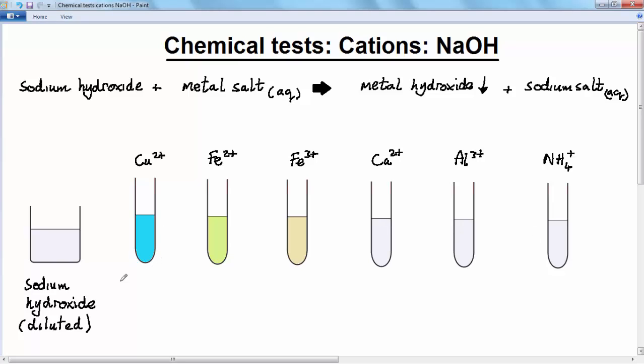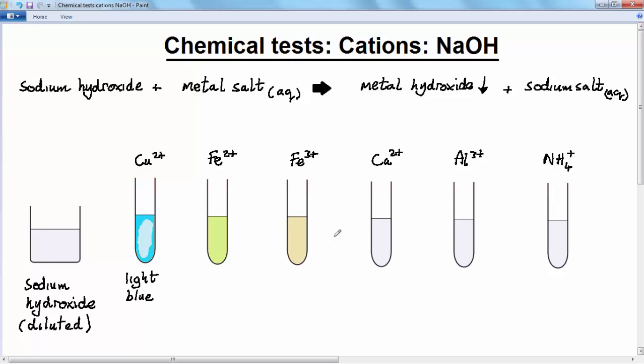So let's have a look and see what happens when we add sodium hydroxide to each of these cation solutions. First of all, the copper 2+, we'll get a precipitate formed, which is a light blue colour. I'm going to take this as an example to write out a symbol equation for this reaction.